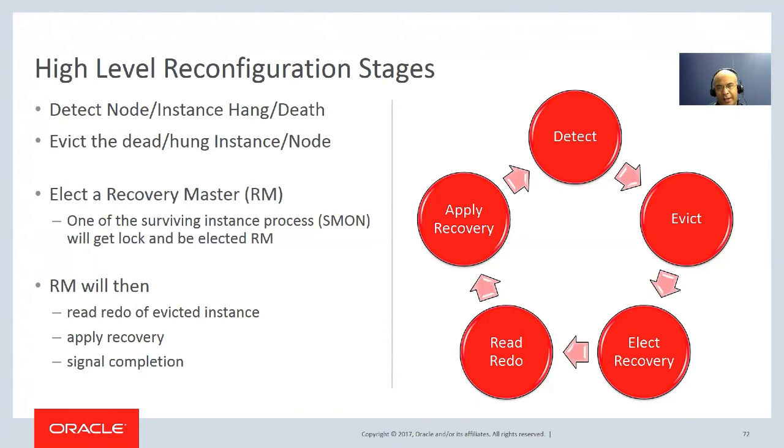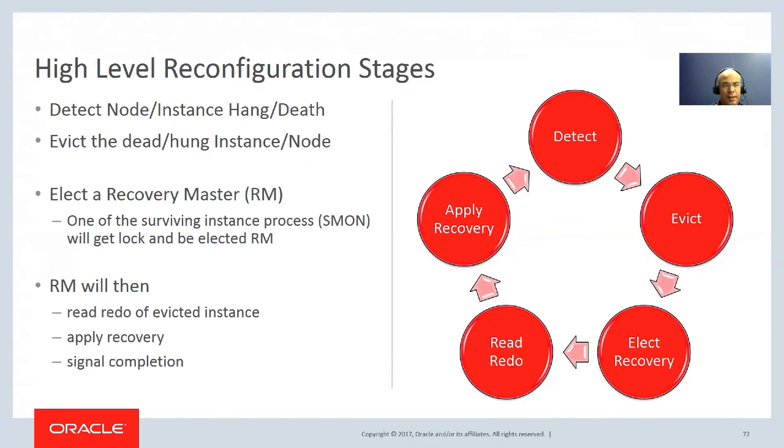And after a while, we would evict it. Once that eviction is done, we need to elect a node from those left. For example, if you have 4 nodes and node 4 goes away, then out of 1, 2, and 3, which are still in the cluster, one would be elected the RM, what we call the recovery master.